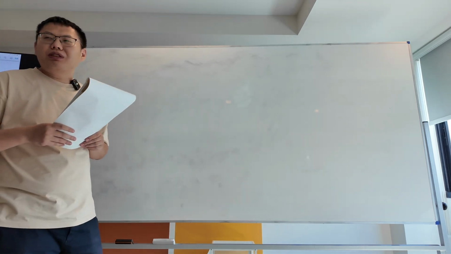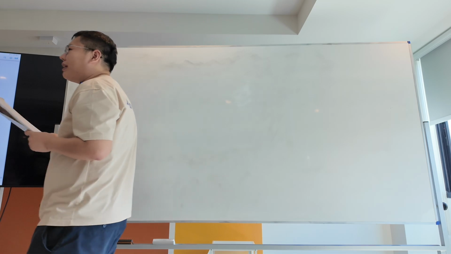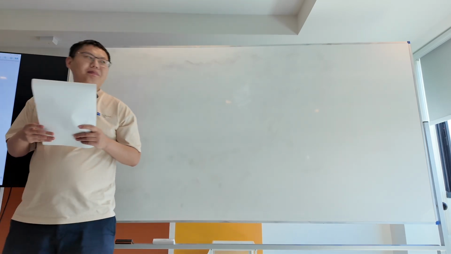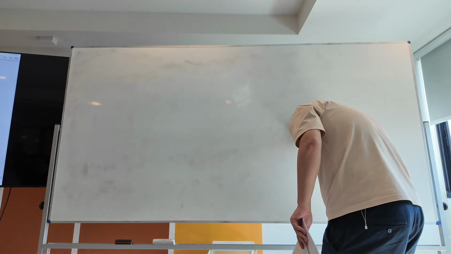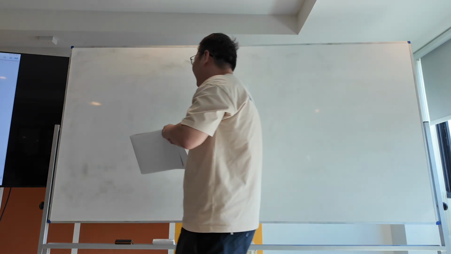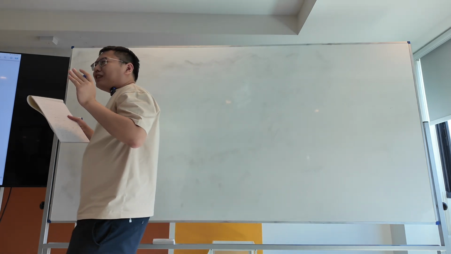So today I'm going to talk about three parts. The first part is going to be what is the binary tower field. The second part is going to be why it's good.